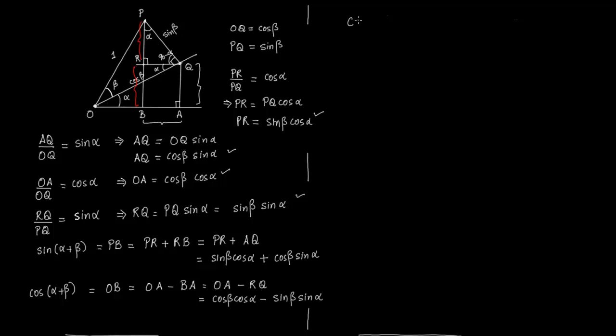Now let us rewrite this formula. Cos alpha plus beta you write as, so I am just rearranging what we already derived, cos alpha cos beta minus sin alpha sin beta.